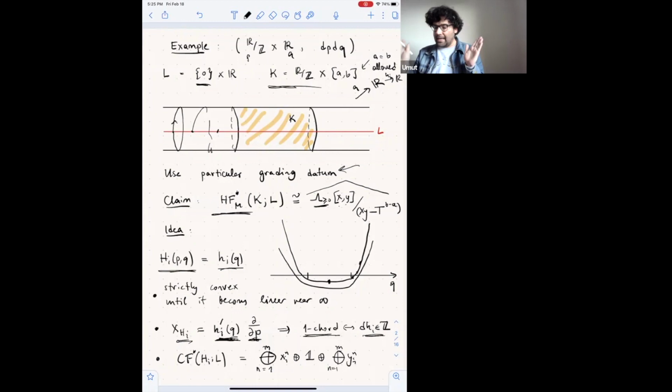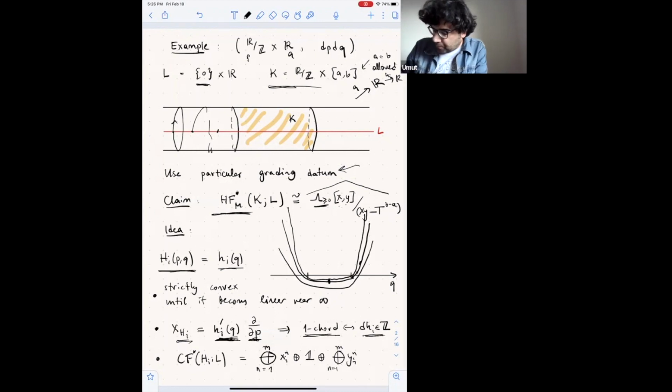Okay, and as I increase my functions, as I make them steeper and steeper, approximating infinity, I capture more and more orbits, more and more chords. Sorry.